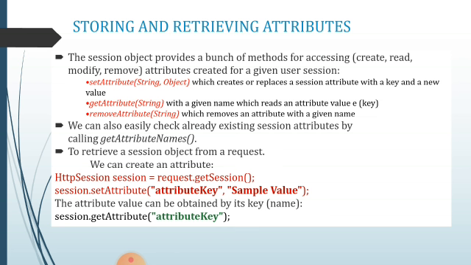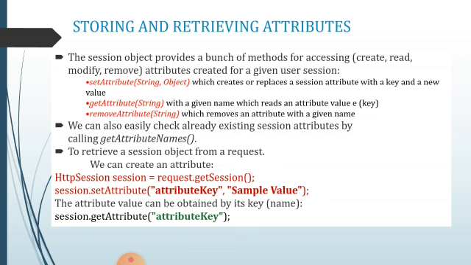And then finally, to retrieve a session object from a request, the code used here is: HttpSession session equals request.getSession, which is a method. It will use the getSession method, and then session.setAttribute, within the brackets it is using the attribute key and then a sample value.